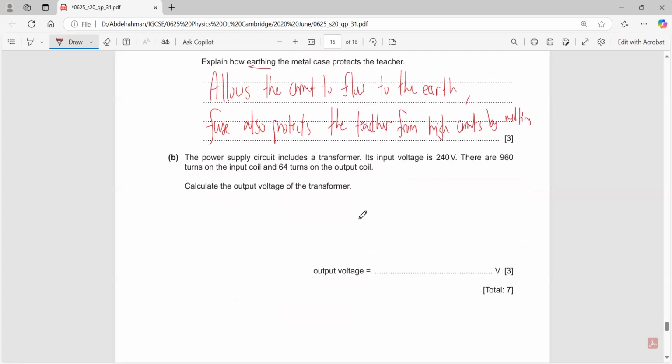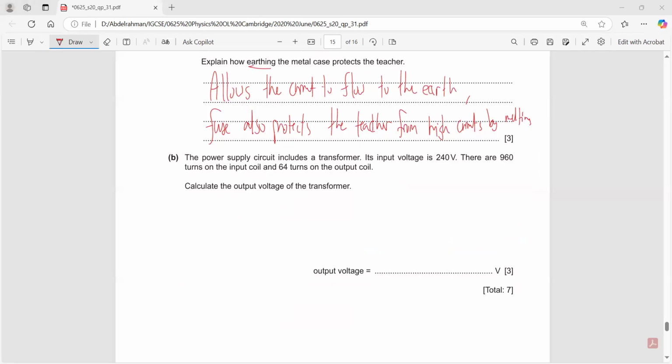Anyway, moving on to B. The power supply to the circuit includes a transformer. The input voltage is 240 volts.